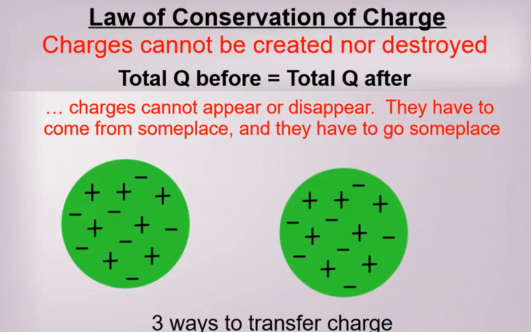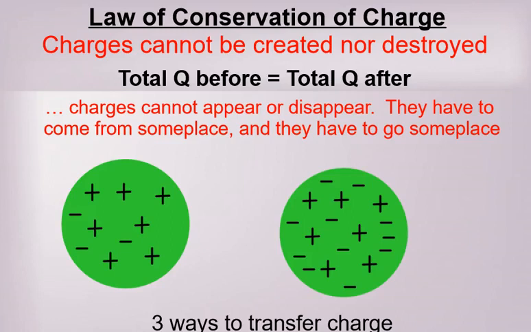In this picture, I have two objects that are both electrically neutral, and if I take an electron and move it from one object to another, I now have a positively charged object on the left and a negatively charged object on the right. And again, I didn't create charge, I just redistributed it so that there's an imbalance.